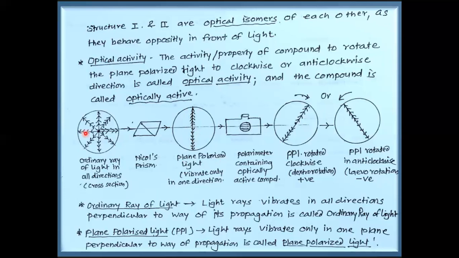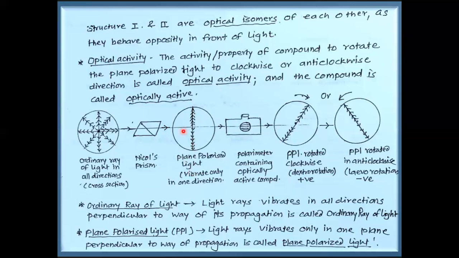Now here, the ordinary ray of light vibrates in all directions perpendicular to the way of propagation. When such ordinary light enters this Nichol prism, the emerging light vibrates in only one direction. It is called plane polarized light.